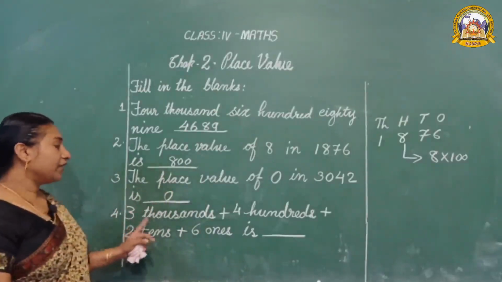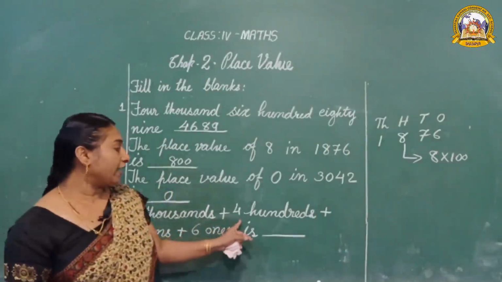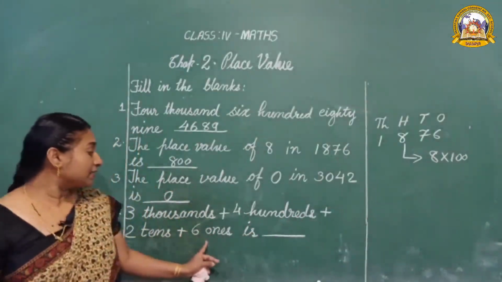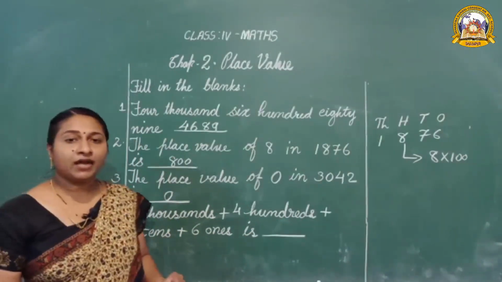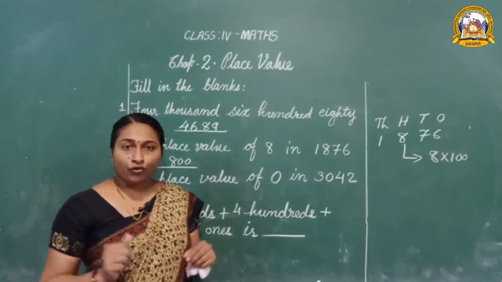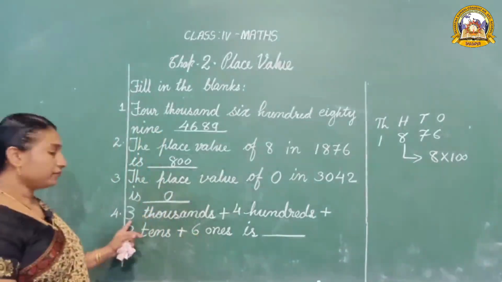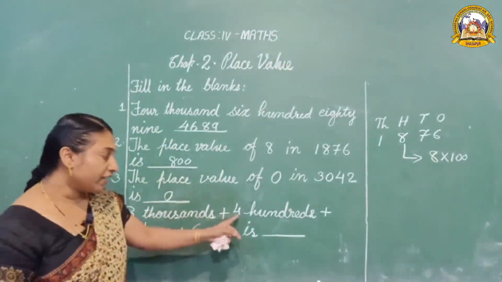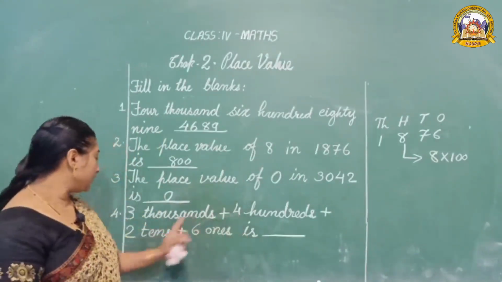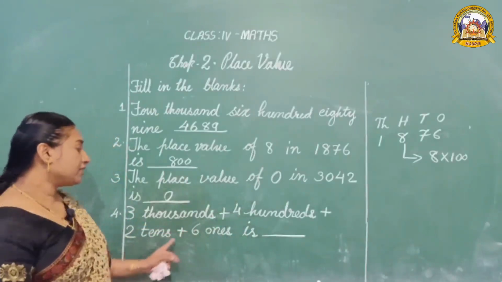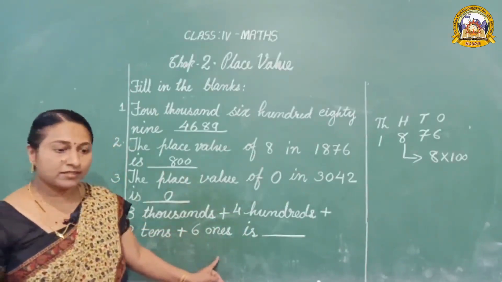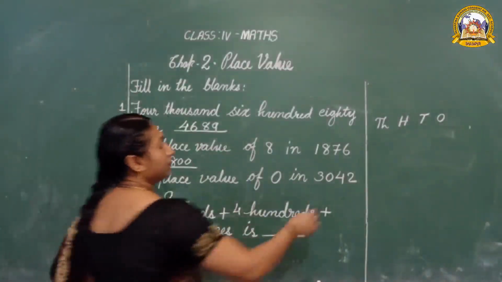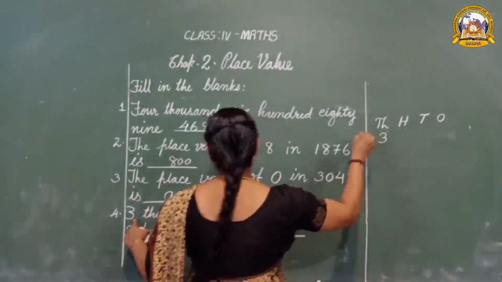Next, 3,400 and 2 tens plus 6 ones. How can we write it in short form? Look here. How many thousands are there? 3,000. How many hundreds are there? 400. Then 2 tens plus 6 ones. Okay. Here under 1,000, 3,000.